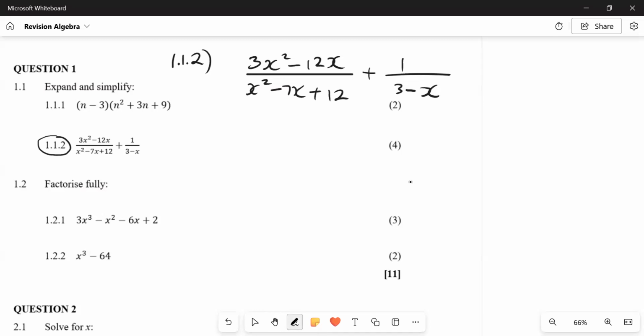So for this part here, which is our numerator, there's a common factor of 3x.